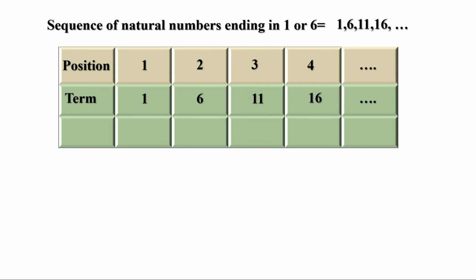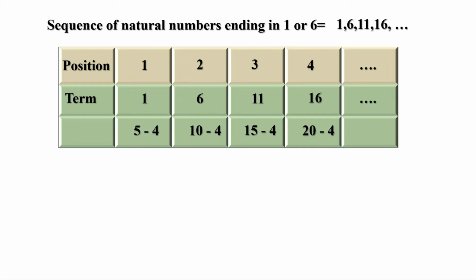The same sequence can be written in another way as the sequence of natural numbers which leave a remainder 1 on division by 5. So let me take the multiples of 5. 1 can be written as 5 minus 4, 6 can be written as 10 minus 4, 11 can be written as 15 minus 4, and 16 can be written as 20 minus 4.